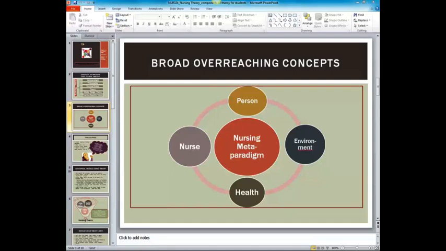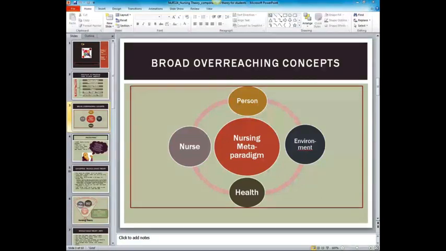We're going to start out with the nursing meta-paradigm, and you're going to really focus on that in another assignment, so I'm just going to touch on it here. The nursing meta-paradigm is the broadest of all of the discussions. It isn't made up by one person. There isn't a nurse theorist name that's absolutely attached to the nursing meta-paradigm.